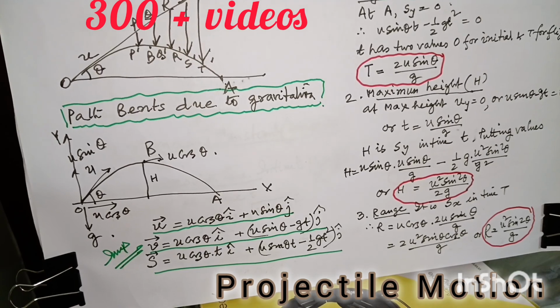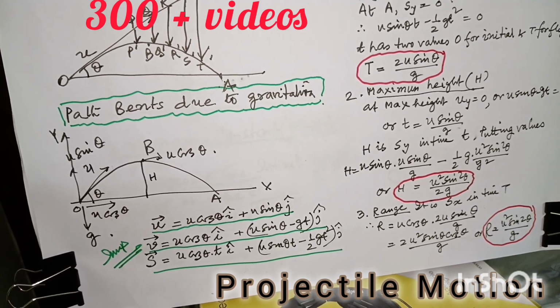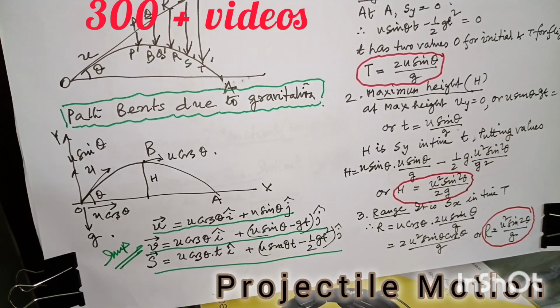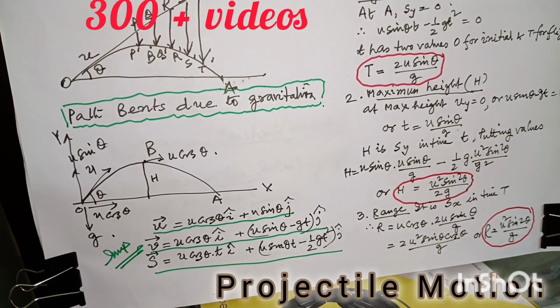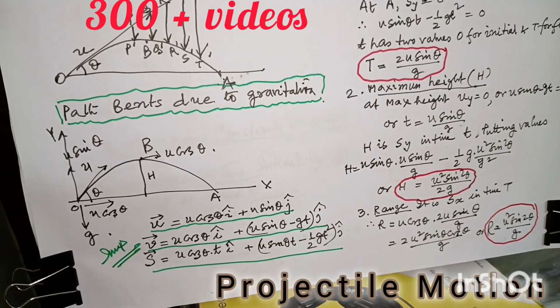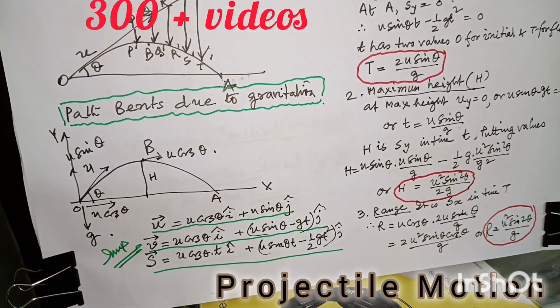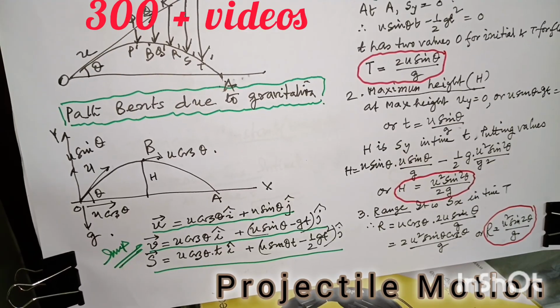Now if we take v also in i j form, then v we can write as vx i cap plus vy j cap, and that vx will be u cos theta only, because u cos theta will not change at any time. So at any time t, the x component will remain as u cos theta.